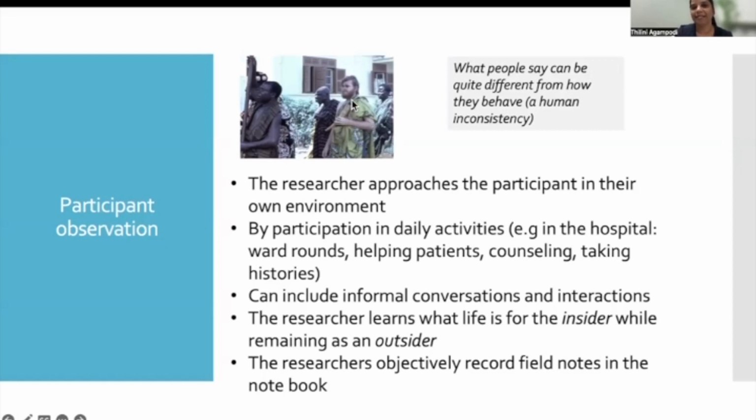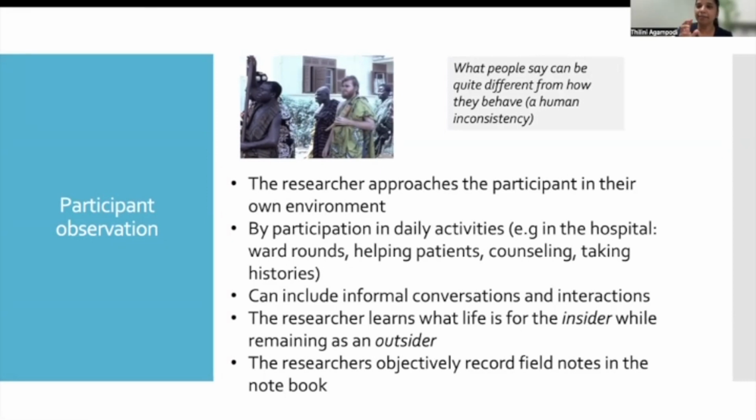As you can see in this picture, this is a foreign researcher who lives with this tribal African group and learns about the group. So the researcher has to adapt his or her behaviors to be a member of the group, although he's an outsider, and participates in the daily activities, right?